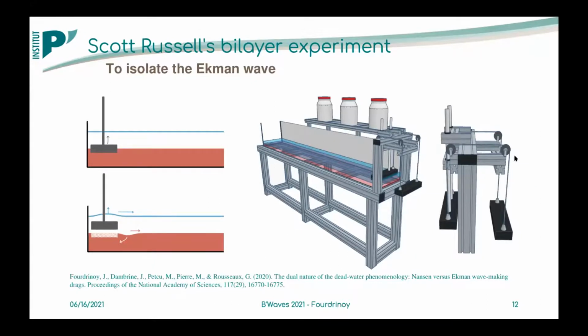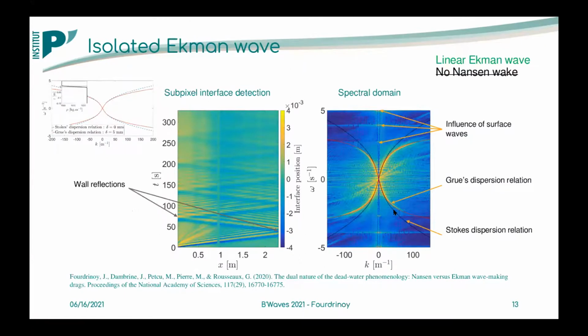An object is placed at the extremity of the canal at the level of the interface, and by lifting it, we create a vacuum serving as an initial perturbation. This perturbation creates the Ekman wave, not polluted by the Nansen wake, so we can measure the undulating dispersive depression over a long acquisition time. This allows greater spectral resolution.